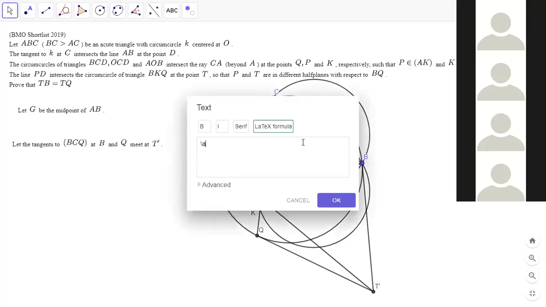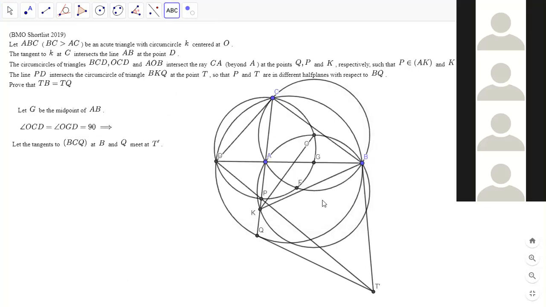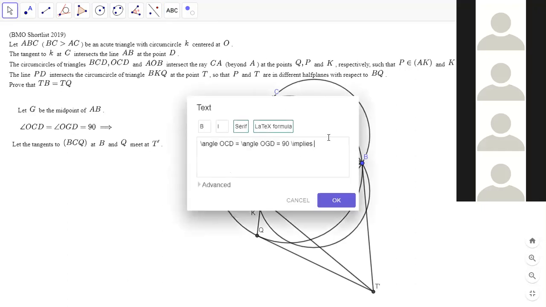Do we use point F? Maybe not. Let me hold on one sec. So that means that GOCDP is cyclic. So I guess we start like that.